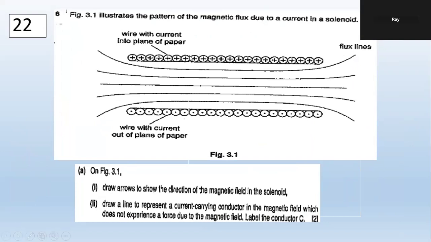This one is current into the plane of the page. This current is coming out. Using the right hand grip rule, what is the direction?